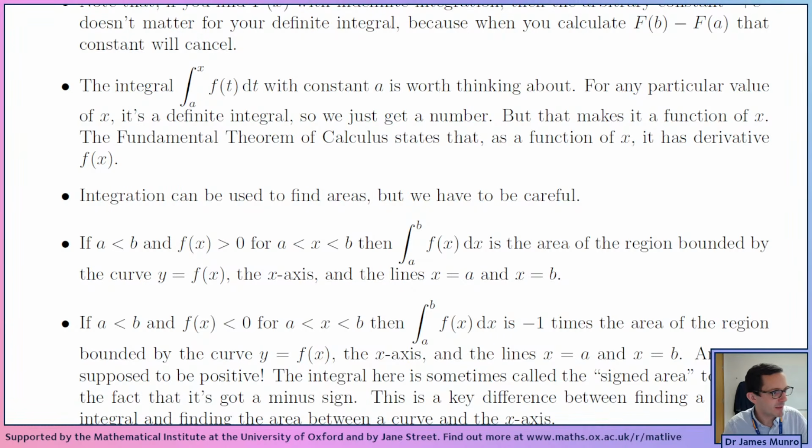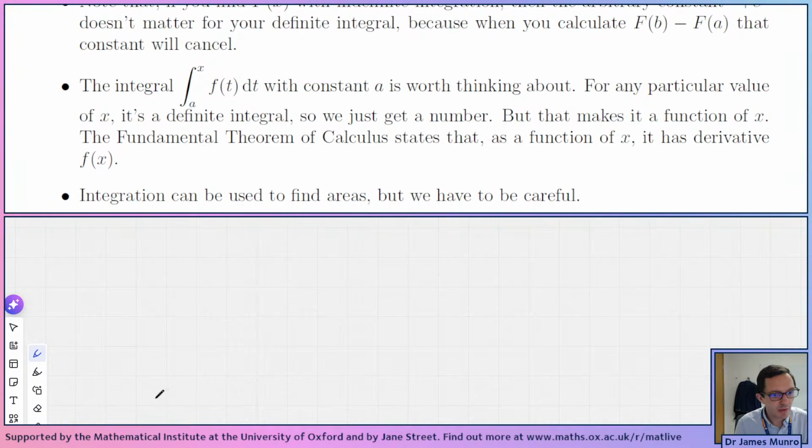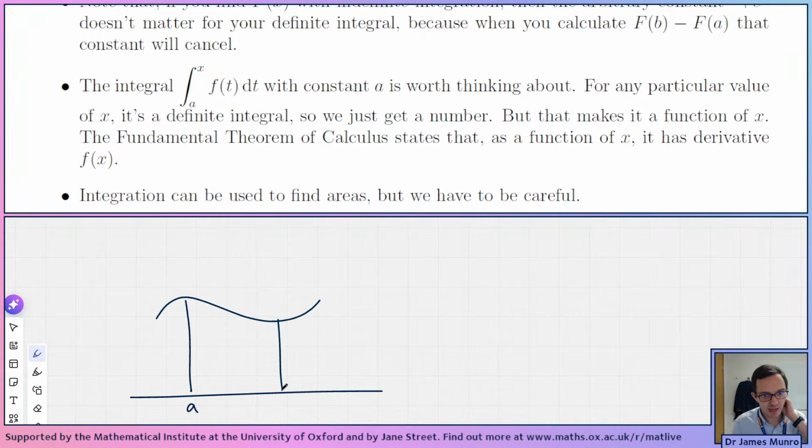I claim that's worth thinking about because it's a function of x. As you change x, you get different definite integrals. If we imagine that f is a positive function, you get different areas. Split screen on this. So just to make things easier, if f is positive, then you fix a and you change x.